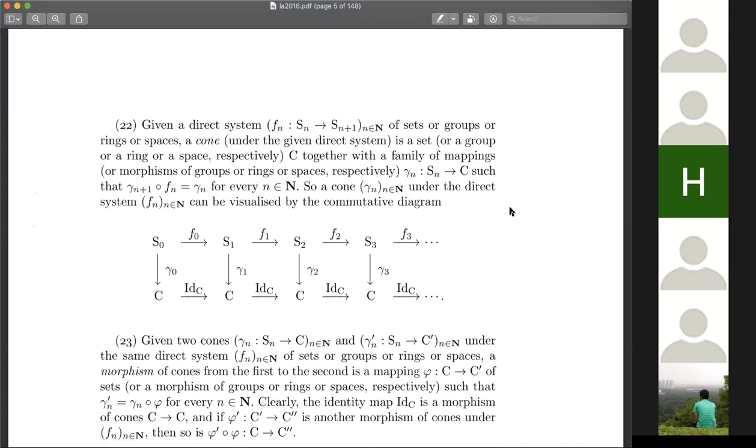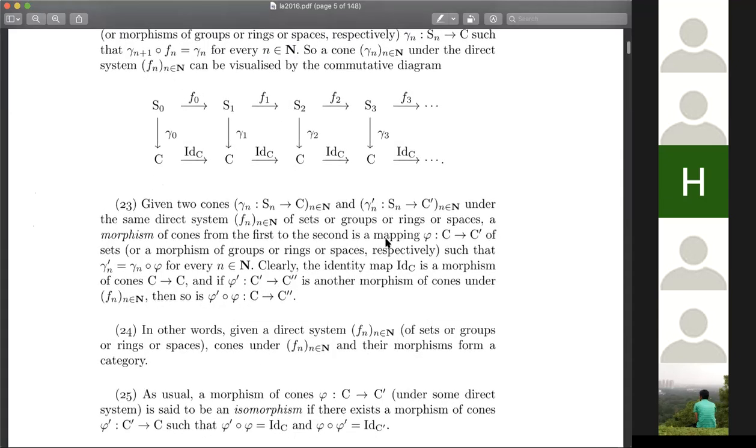Similarly, now we have the category of direct systems of objects of this category. Then if I fix a direct system, I have the category of cones under that direct system, right? So here is an example of what a cone under this direct system is.